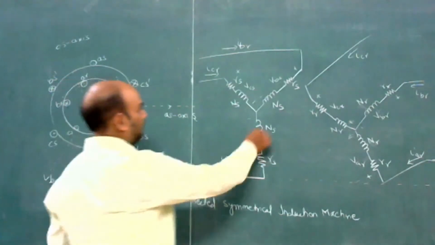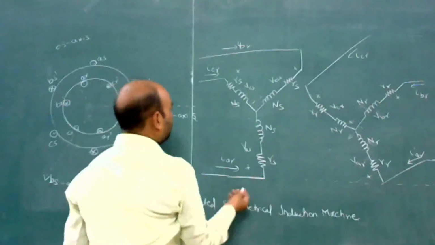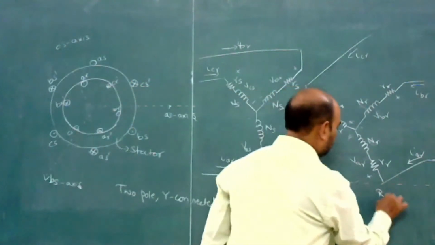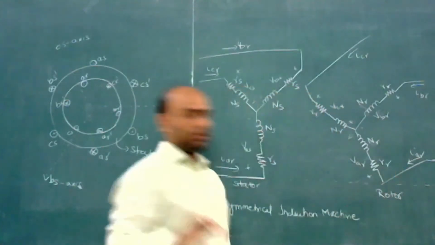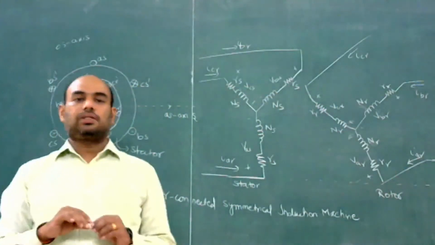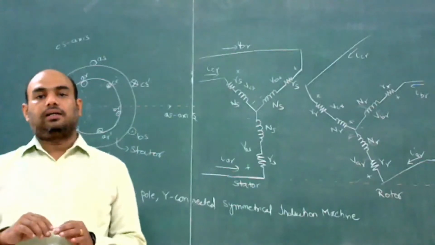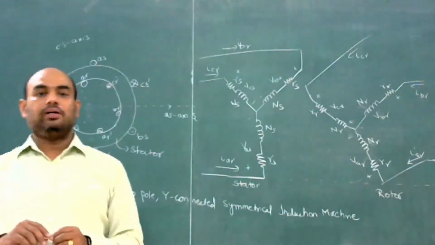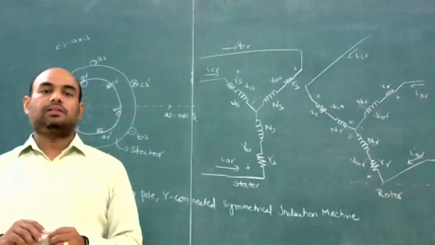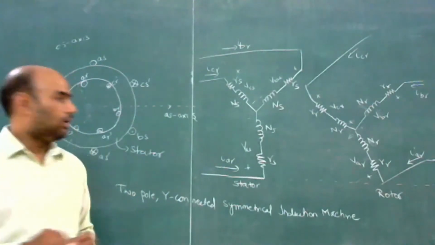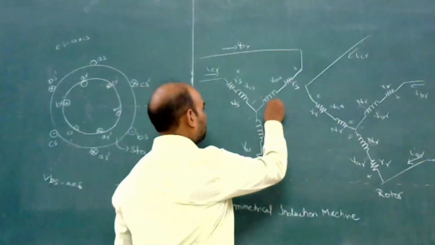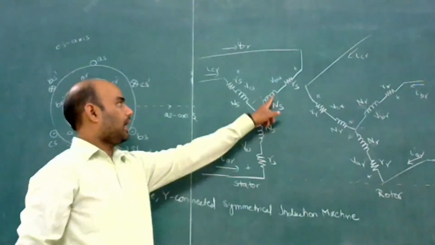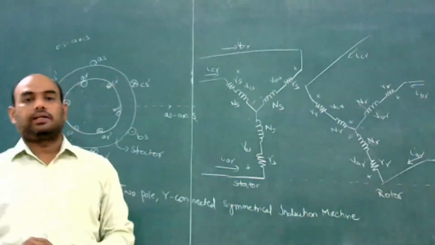This is for the stator and this is for the rotor. The stator windings are identical, sinusoidally distributed windings displaced by 120 degrees, with NS equivalent turns. Each phase has NS equivalent turns and RS is the resistance.